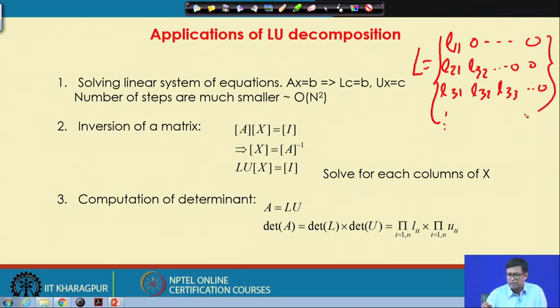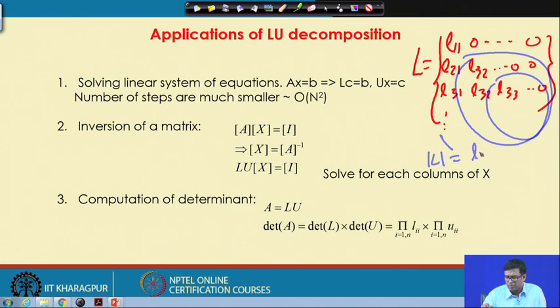If I try to find its determinant, it will be L11 into this particular cofactor, whose determinant will be L22 into this particular cofactor, and so on. So, we will finally find that the determinant of L is nothing but the product of L11, L22, L33, finally Lnn. So, the product of the diagonals is the determinant of a lower triangular matrix.